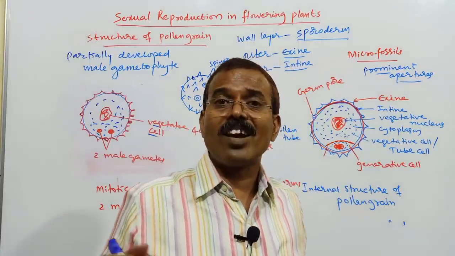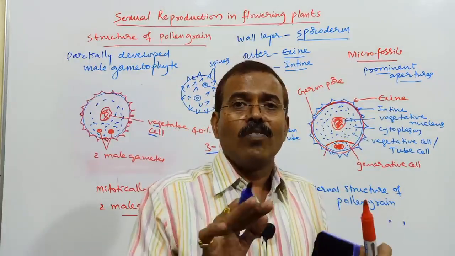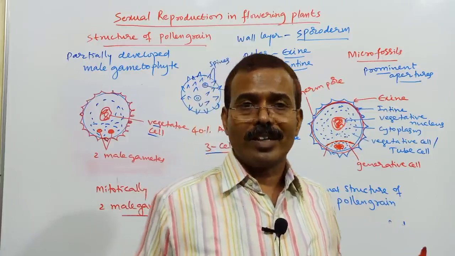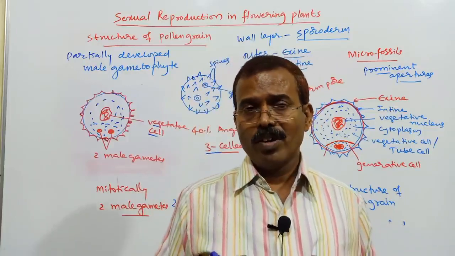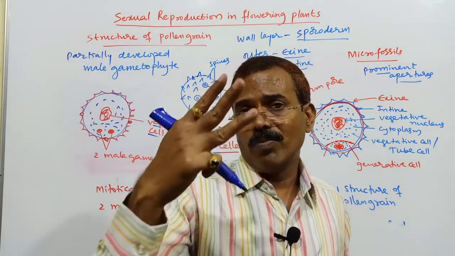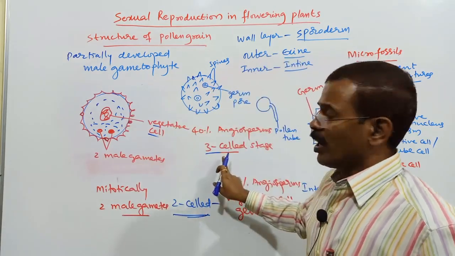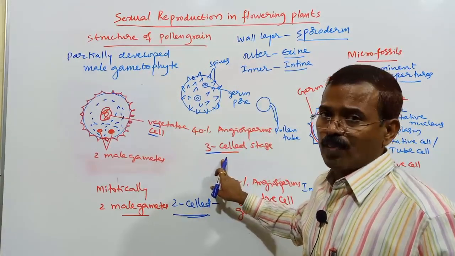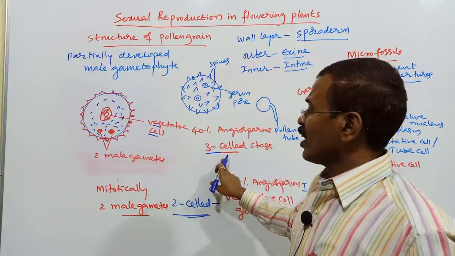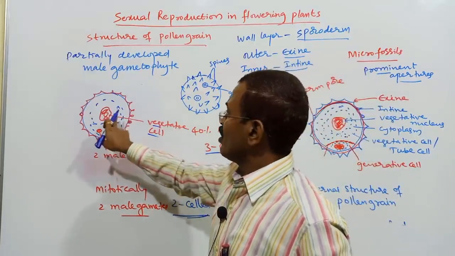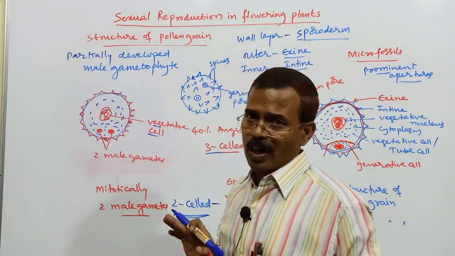When they are shed in three-cell stage, further development will not occur. Initially it will be two-cell stage; after development it will become three-cell stage. In three-cell stage, the vegetative cell containing the vegetative nucleus will be there.